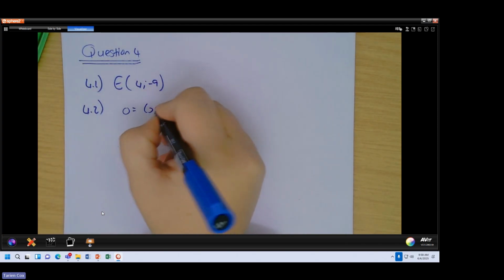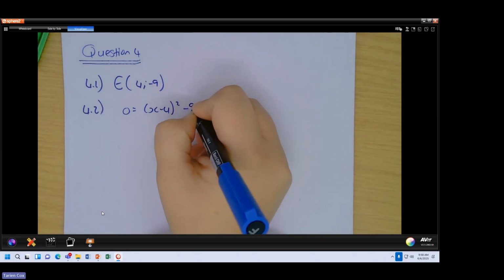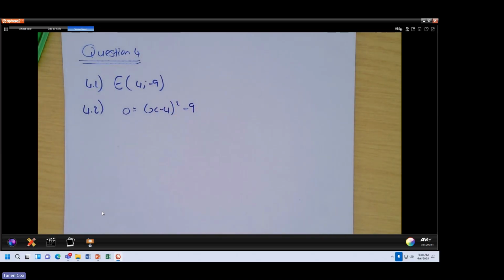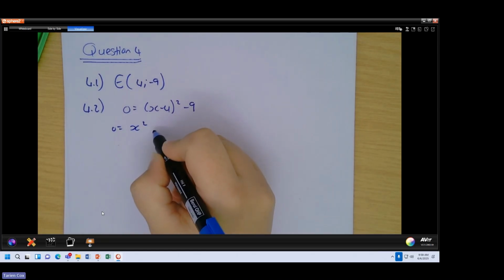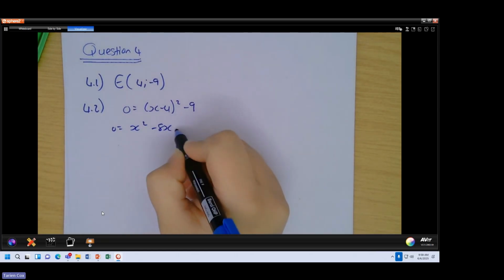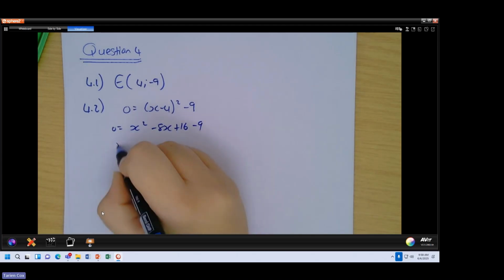So 0 is equal to x minus 4 squared minus 9. You don't need to be in standard form to answer this question. You can go two ways. Either you can multiply the bracket, which will be x squared minus 8x plus 16 minus 9.